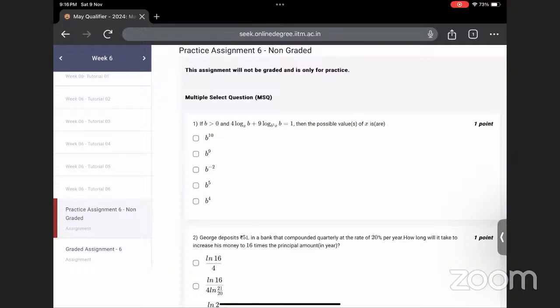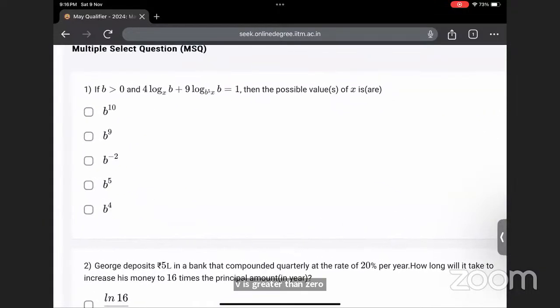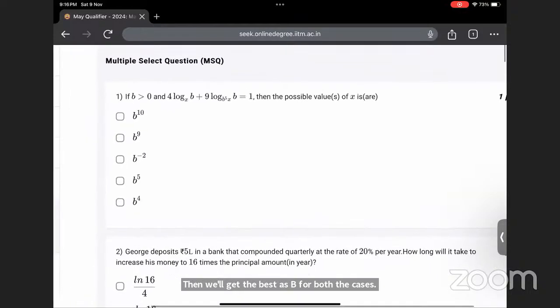How do we solve the first one? B is greater than 0. For this, you just have to do a similar thing. Take 1 by the first logarithmic thing and the second. Then you will get the base as B for both cases. Then apply the multiplication rule and the divide rule.